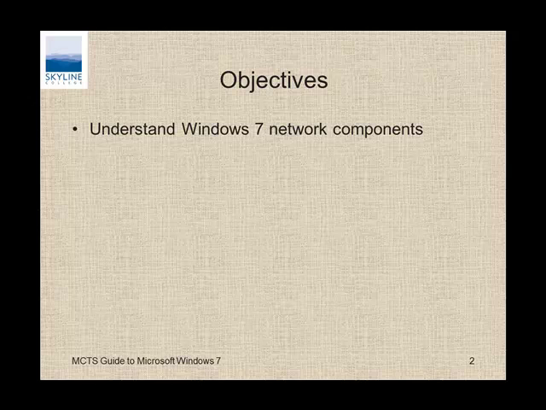There's some minor differences. You can't create a homegroup, for instance, in a work network. You have to be a home network. The public network is designed for when you go to Starbucks with your laptop or when you check into Red Roof Inn and get the free wireless.